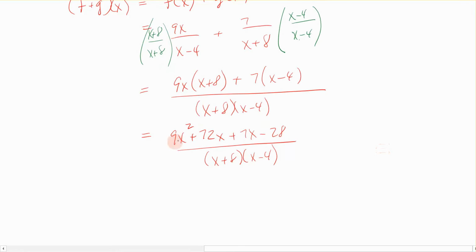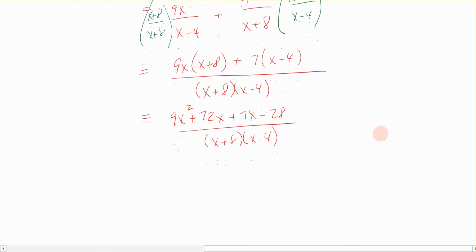So here I have 9x squared plus 72x plus 7x minus 28. I can simplify the numerator one step further by combining 72x plus 7x, which is 79x minus 28, all over that factored denominator, x plus 8 times x minus 4.